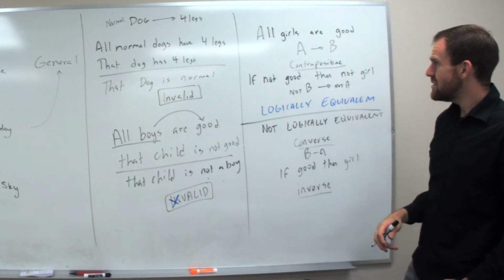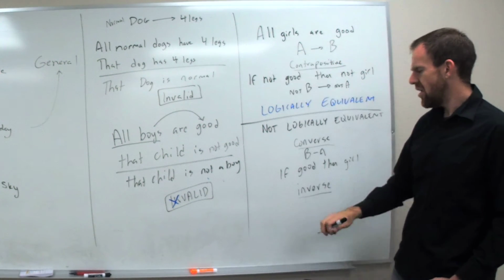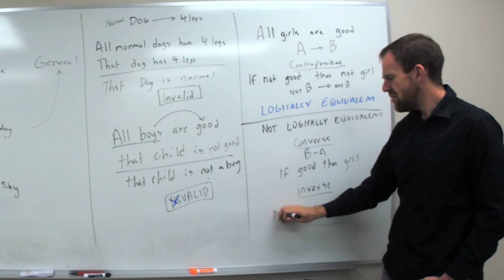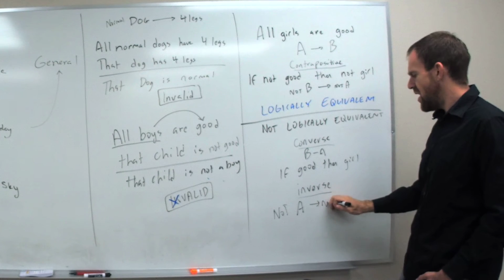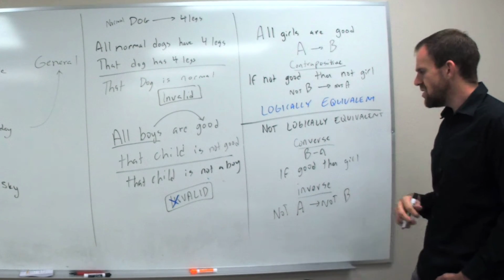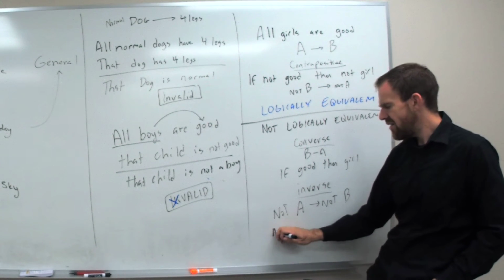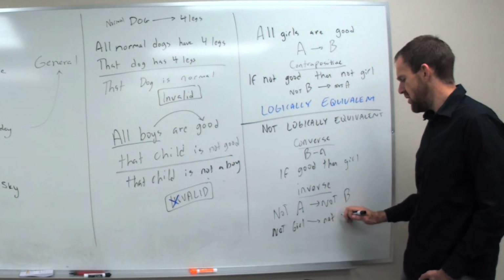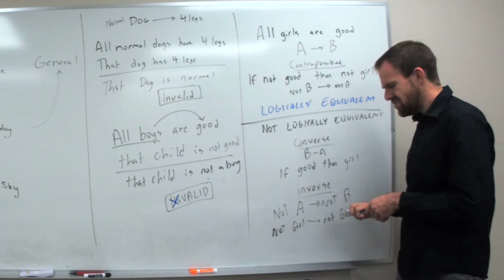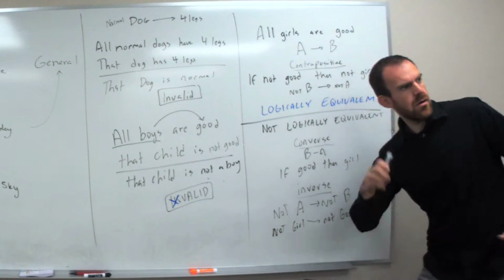Okay, the inverse is simply taking the opposite of these. So not A implies not B. So if I were to write that out, if not a girl, then not good. And this marker is dying. Goodbye.